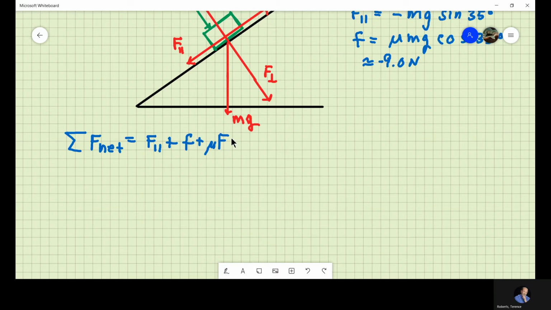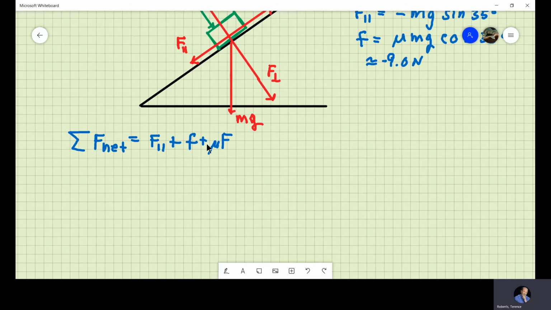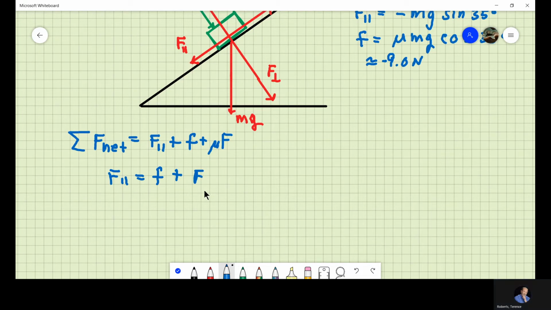Actually, these are all going to be equal to 0, but let's start off with solving what this equation is going to be. We know that F parallel is going to be equal to F of the friction if it's in equilibrium. But we don't have that case. We have some other force, and this other force is the applied force that's perpendicular.